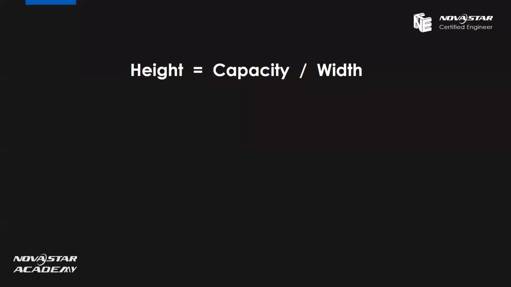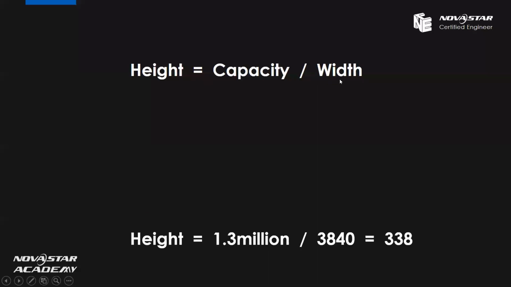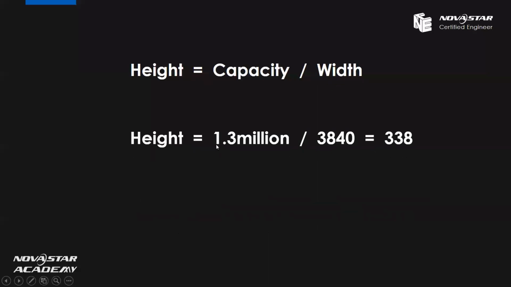The height is equal to the capacity divided by the width. So here we use 1.3 million pixels divided by 3840. And after calculating, we can get the height is 338.